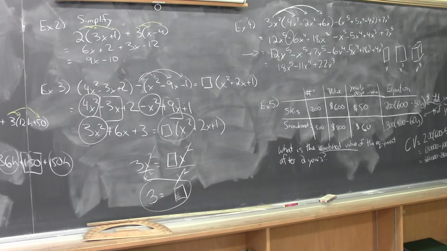Okay, so there's our combined value. And finally, the last step is you sub 2 in for y. So we get our combined value is going to be 360,000 minus 280,000 times 2.